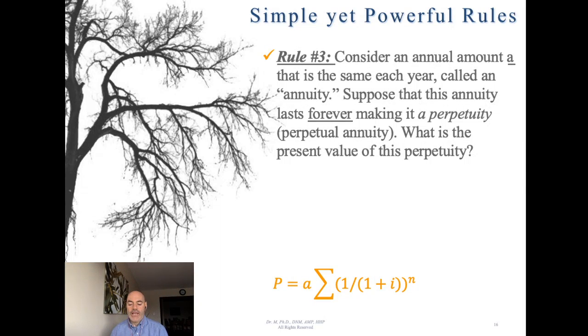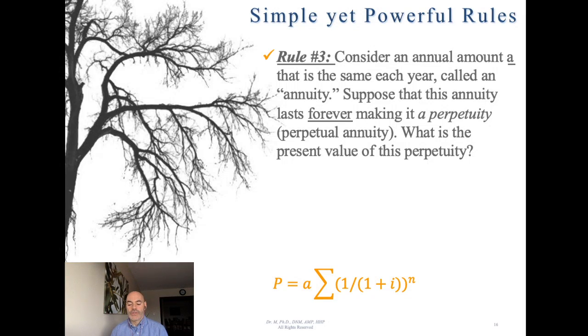Consider an annual amount, asset A, that is the same, unchanged, every year. It's often referred to as an annuity. In fact, there is a product in the investment community called an annuity that specifically pays an annual amount that is unchanged every year.